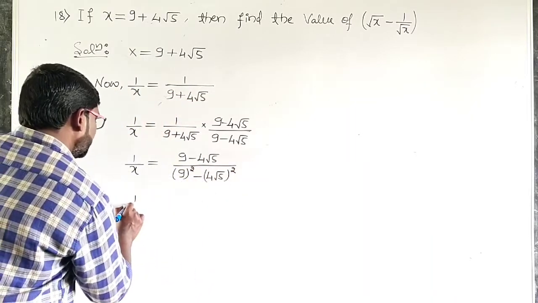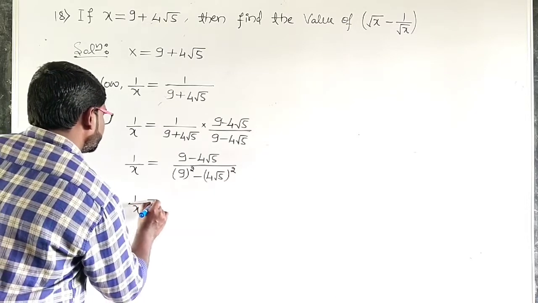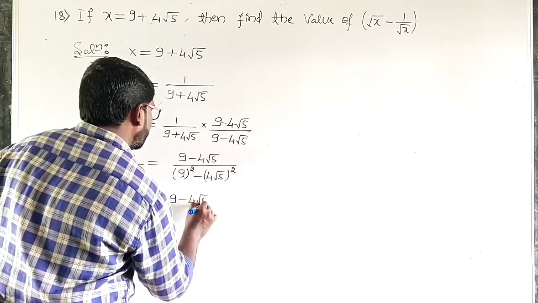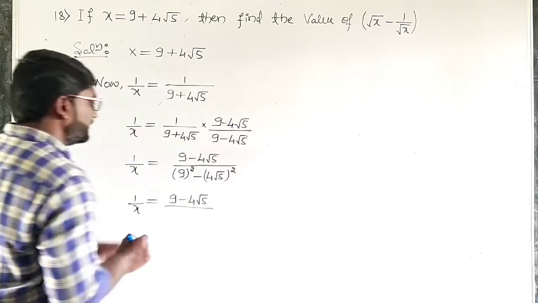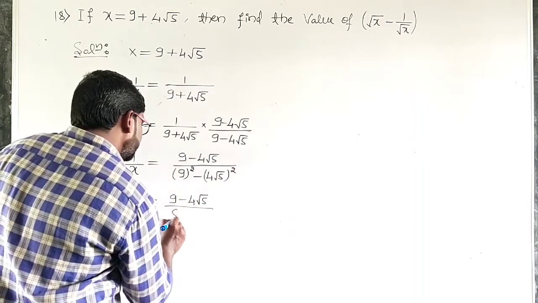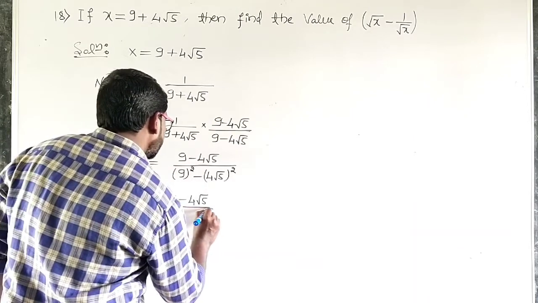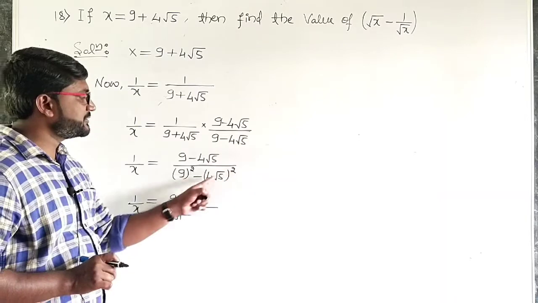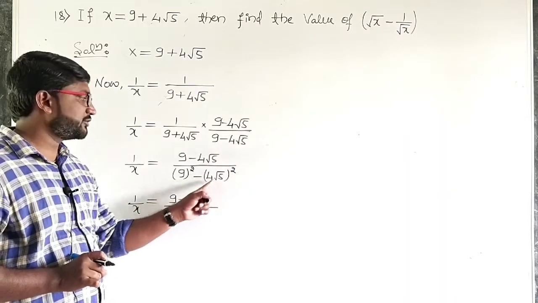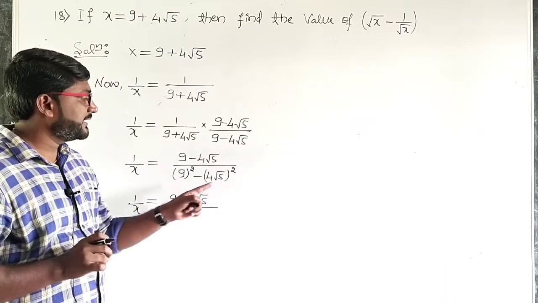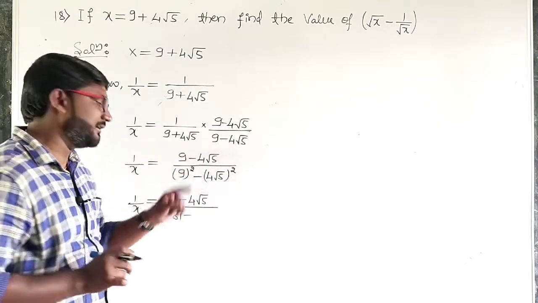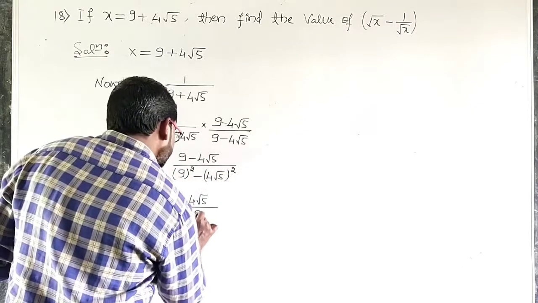So now 1 by x is equal to 9 minus 4 root 5 divided by, 9 square is 81, then minus, so here the square applies to 4 as well as root 5. 4 square is 16. Then square and root get cancelled. We have only 5. 16 into 5 is 80.